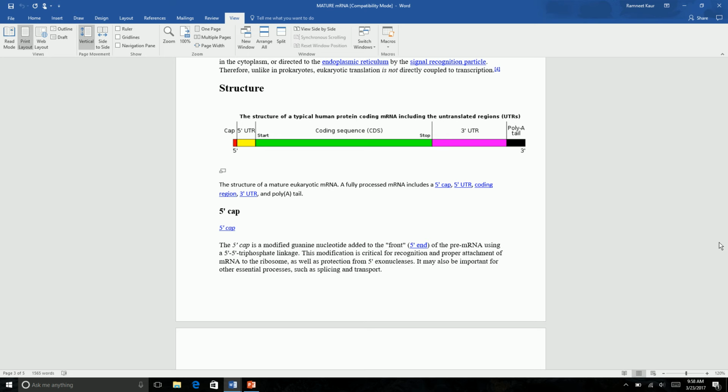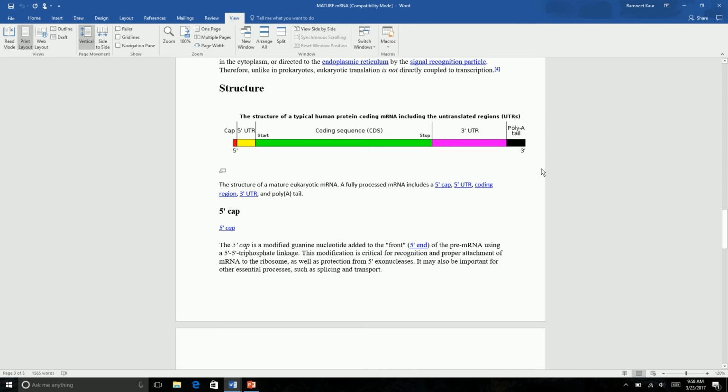In the process of splicing, all the exons which are going to code for the protein are joined, and the introns are removed. A structure like this is formed. What is this? This is a mature form of mRNA, and it is going to go to the ribosome and be translated. This form of mRNA is ready for translation.